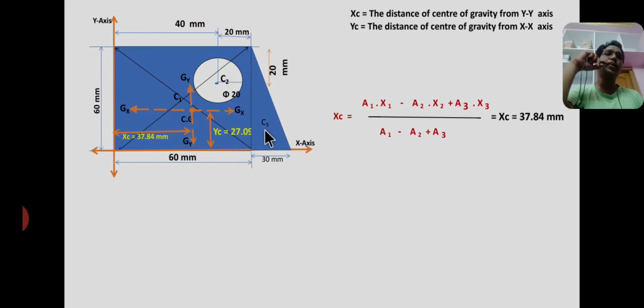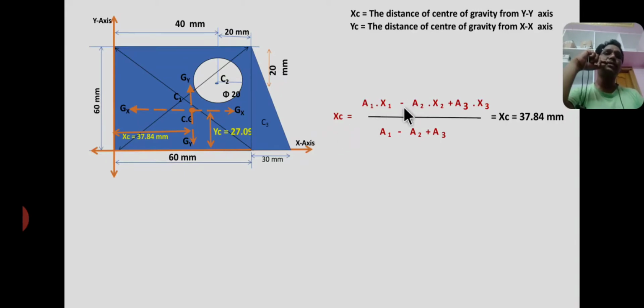Therefore I consider positive sign for rectangle, that is area 1, and positive sign for area 3. But I consider negative sign for area 2. Here area 2 is a hollow circle. Therefore you have to subtract the value of area 2 from other sections.